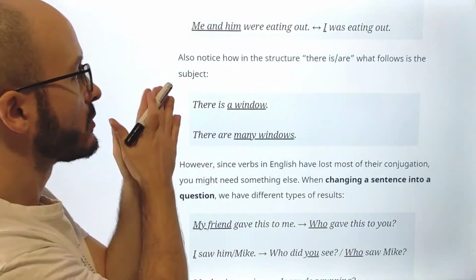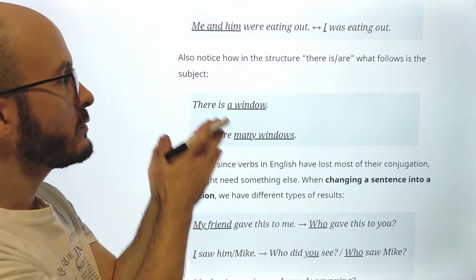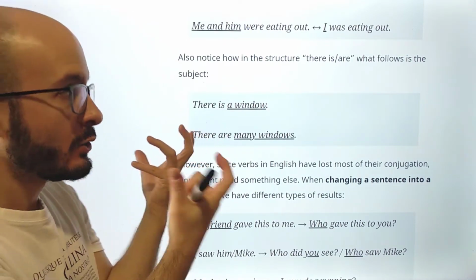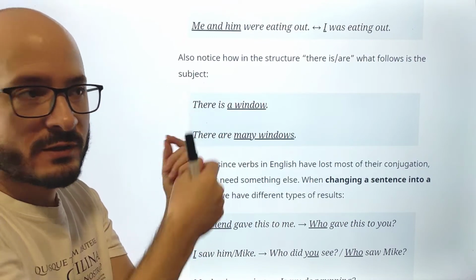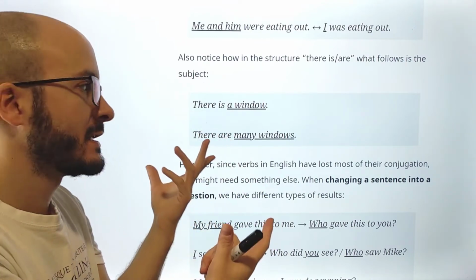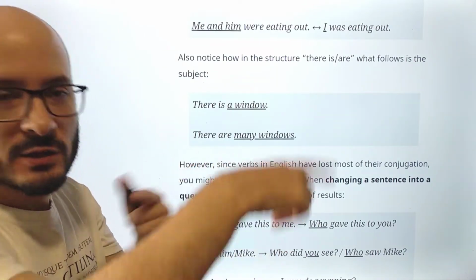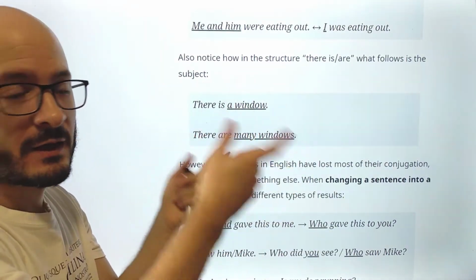And of course, also notice how in the structure there is, there are, what follows is the subject. Usually we say the subject is what goes first, like the first phrase in the sentence. Not always, okay? And of course, in questions, the subject usually goes after the verb, like the auxiliary verb.